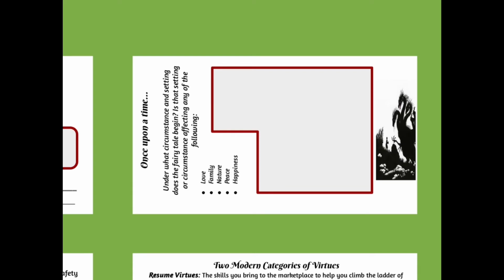So this would be looking at your fairy tale, looking at how, where, and when it's set, and whether or not that setting, the atmosphere, the weather, the location is reinforcing a problem or an issue within a family, within a relationship between two people, between siblings. Is the kingdom not at peace? What is going on exactly, and how is the setting helping us understand or contributing to that?